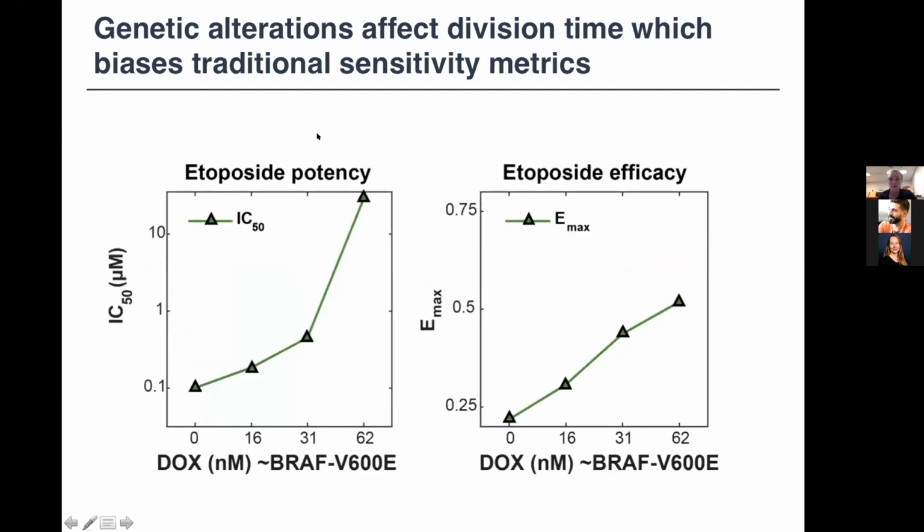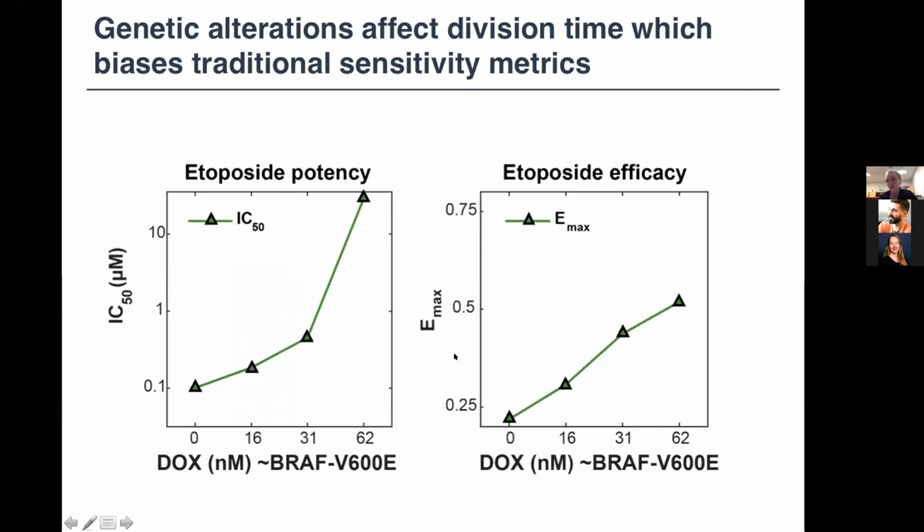Looking at the same data, but presented a little bit differently to really drive home that important point. If we look at the measured IC50 with increasing concentrations of dox, or higher levels of BRAF, or slower division times, you can see that the IC50 value appears to increase by more than 2 orders of magnitude.